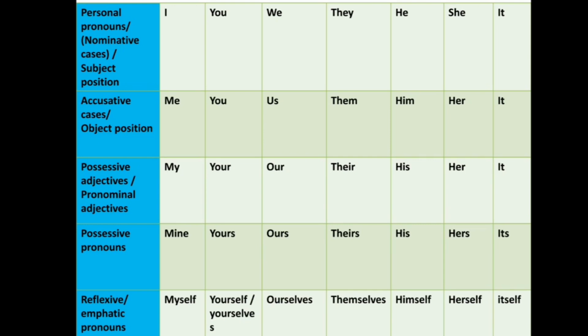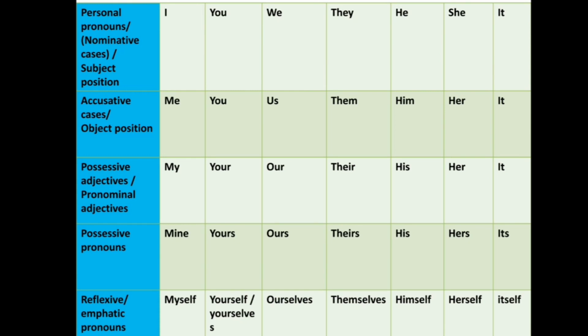Whose house is it? It's my house. So, this word is playing the role of an adjective. This is called a possessive adjective. This is also called a pronominal adjective. Pronominal. Just observe. These words are formed by pronouns.